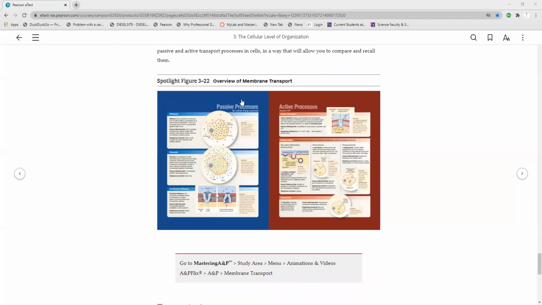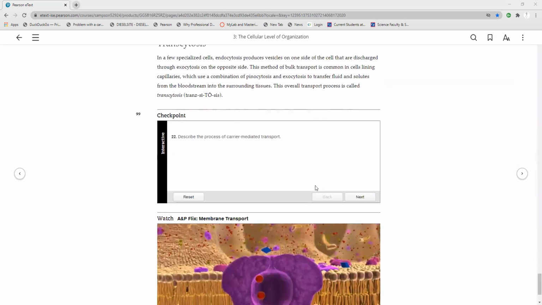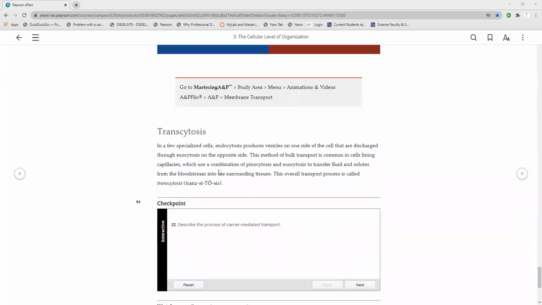A nice chart to overview all of our transport systems, our passive and our active processes. Transcytosis is when material comes in, for example, into your capillary beds or your digestive tract, on the luminal side.